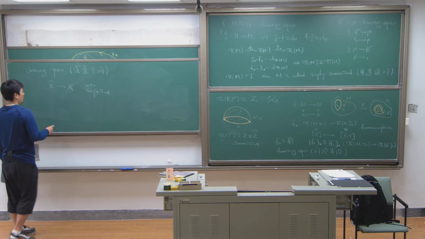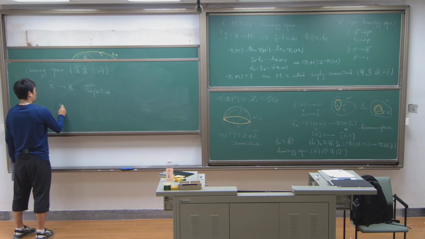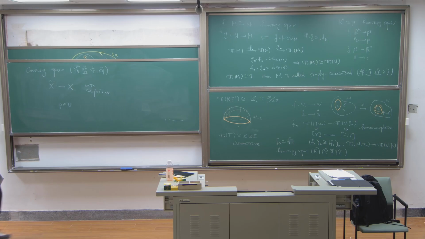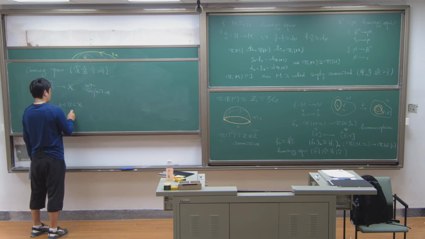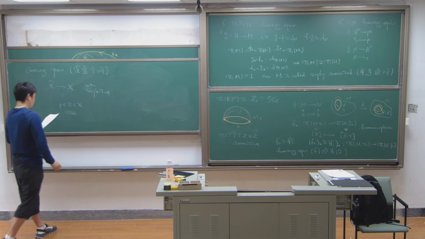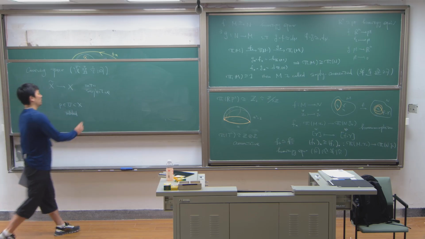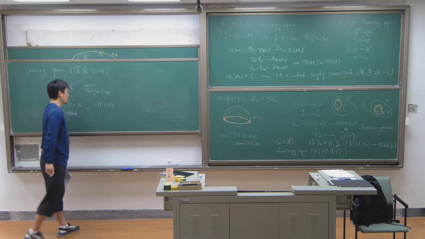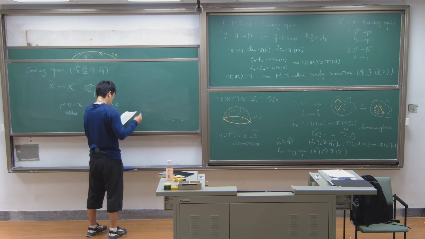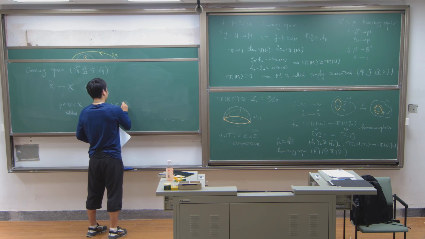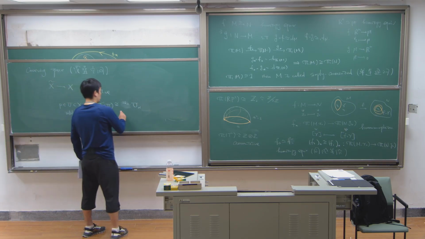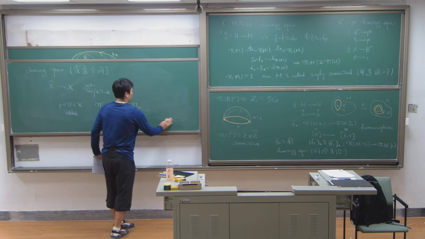Such that for any point P inside X, there is some neighborhood U, sufficiently small, such that pi inverse of U is a disjoint union of a bunch of copies, and each copy is homeomorphic to U itself.